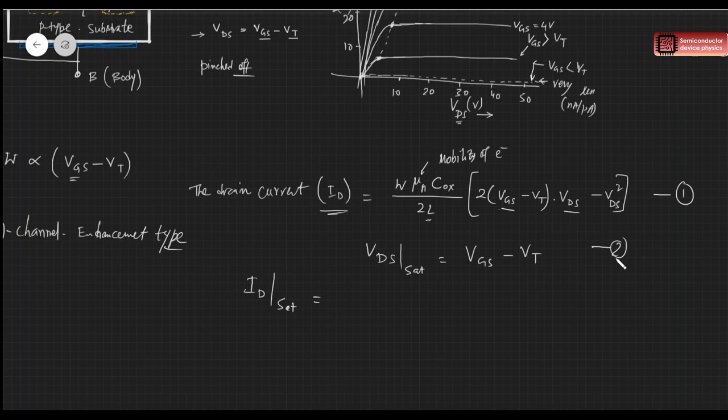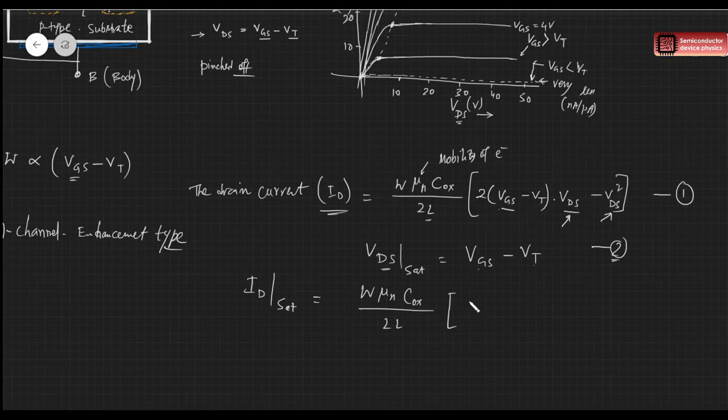Now if you use this value of VDS equal to VGS minus VT and put the values here and here, you can easily get the drain saturation current, right? So it will be W mu n COX by twice L into, you can see that if you put VDS equal to VGS minus VT here, VGS minus VT whole square will come, here also whole square will come.